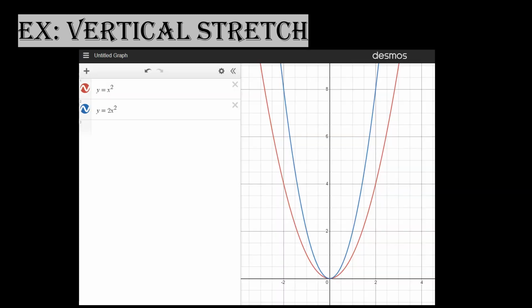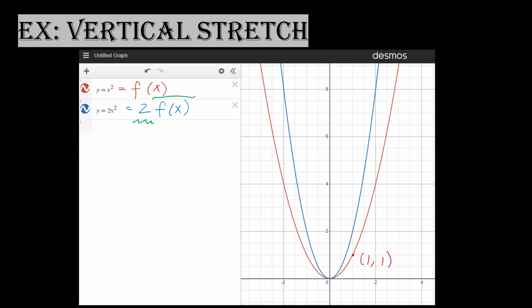Here, for example, I'm sticking with our parent function, x squared. Think about this as f(x). Now, a vertical stretch is going to look like 2 times f(x). So we're multiplying the function by a value on the outside. If we look at a single value here, this new rule is telling us that we're taking each output and multiplying it by 2.